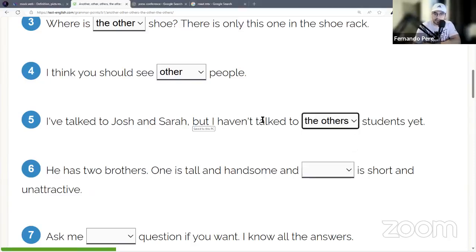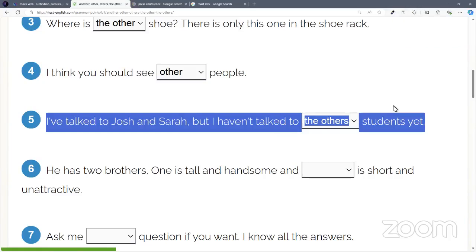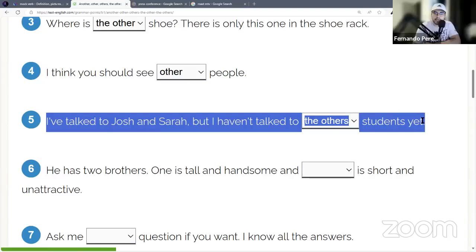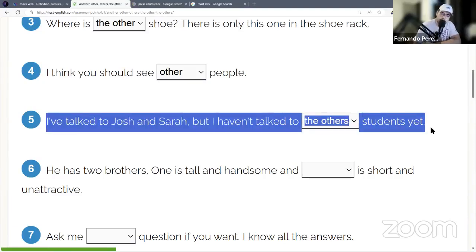The other students, because we are talking about what situation do you imagine in this case? Jessie, the question: what situation do you think is happening in this sentence?